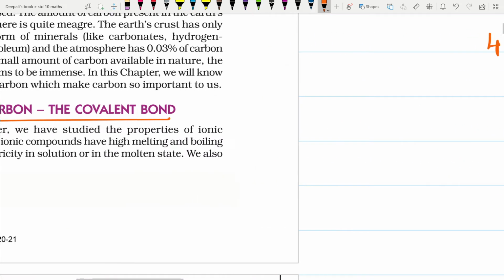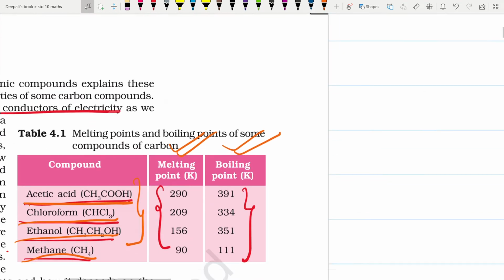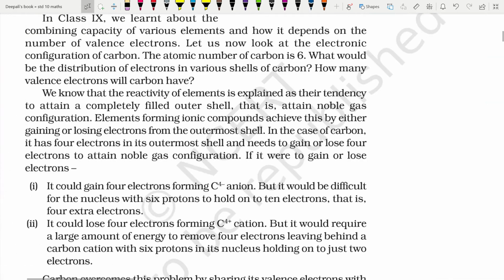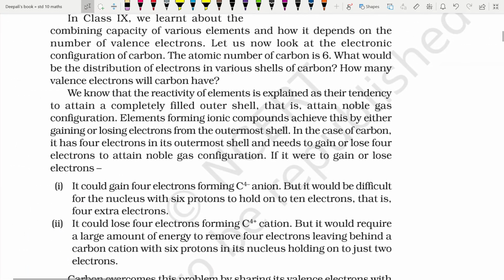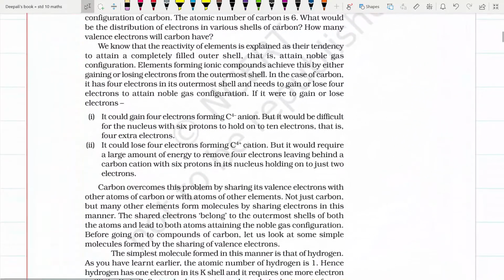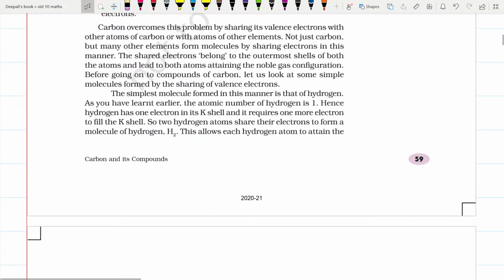Now let us understand the structure of few elements. First one is H2 molecule. The hydrogen molecule forms a covalent compound with another hydrogen atom.